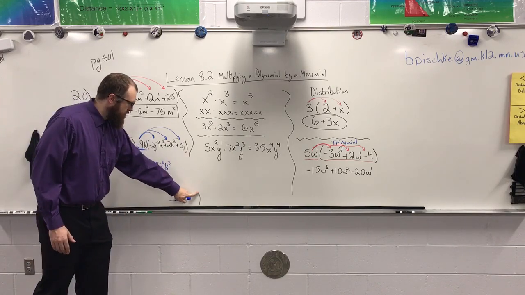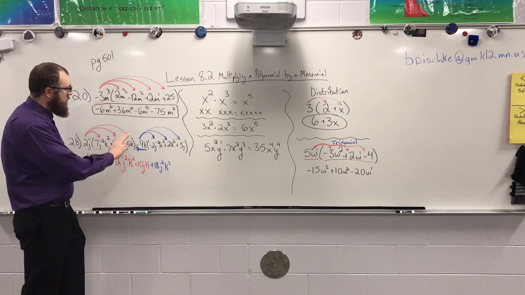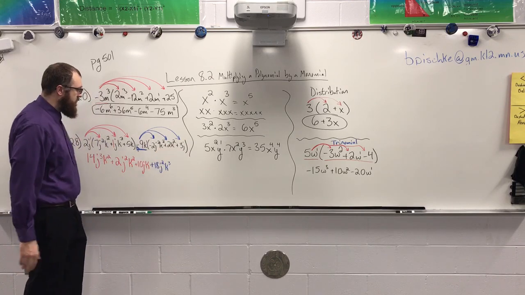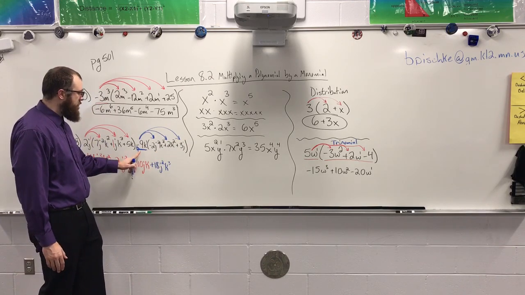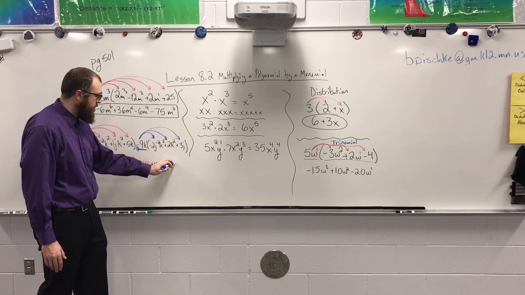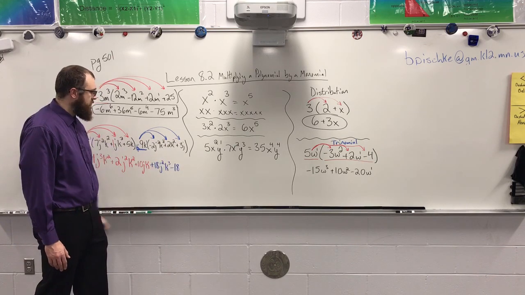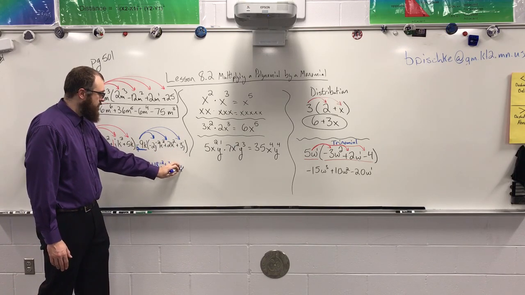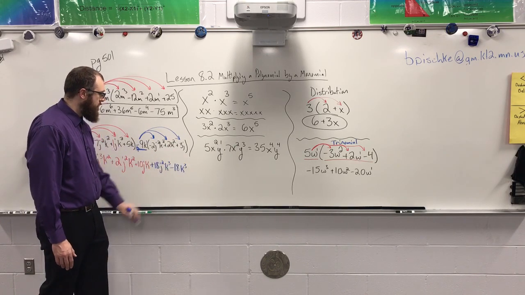Again, we're going to go into this second one. Negative 9k times 2k squared. Coefficient times coefficient. Negative 9 times 2 is negative 18. K to the first times k squared is k to the third.